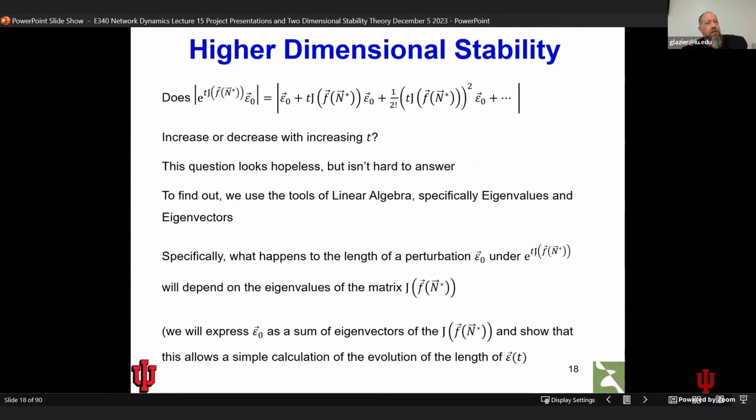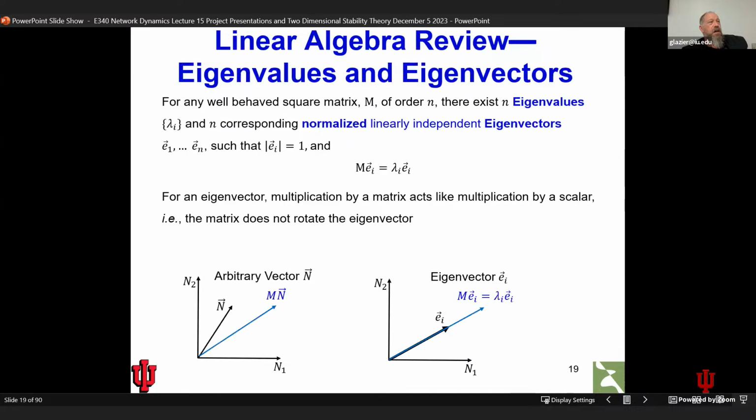But in fact, if you ask what the length of that vector is, the way that vector's length evolves in time is given by the eigenvalues and eigenvectors of the Jacobian matrix. And I don't have time now to walk you through the arguments, but I guess we can do that.